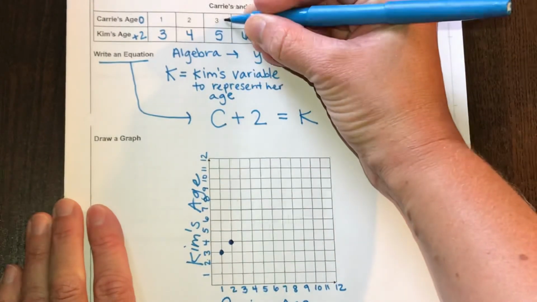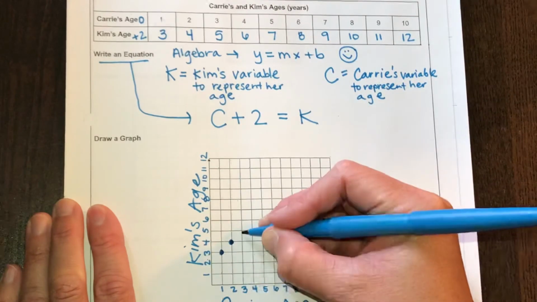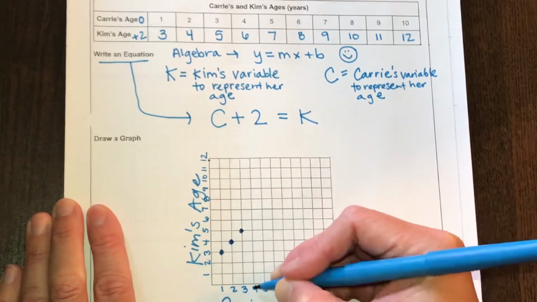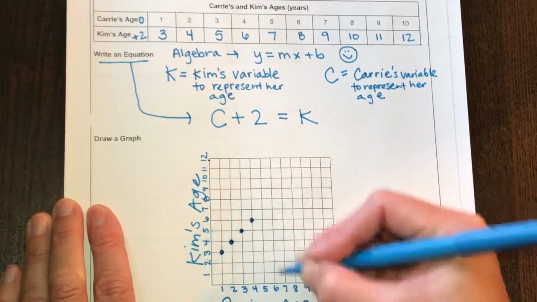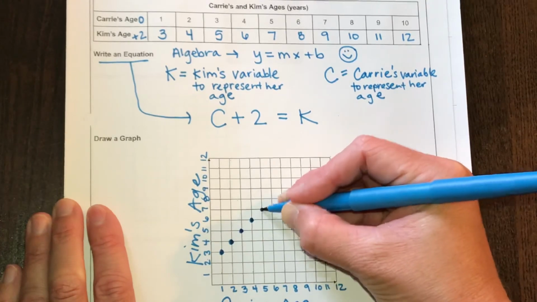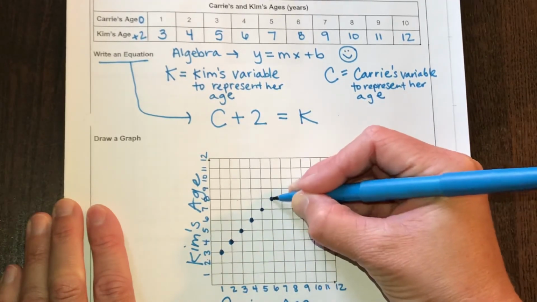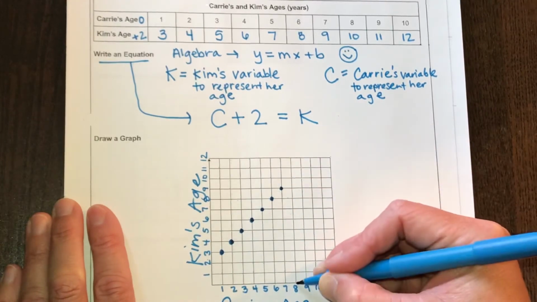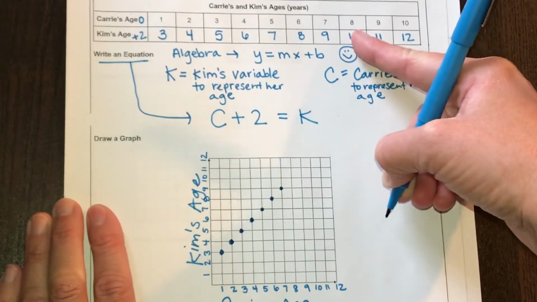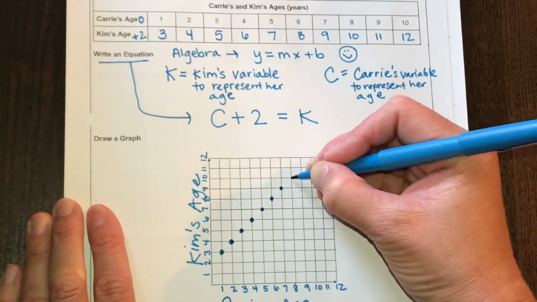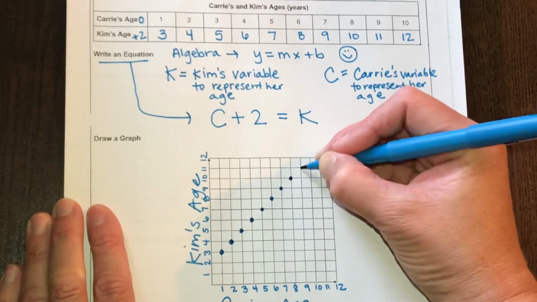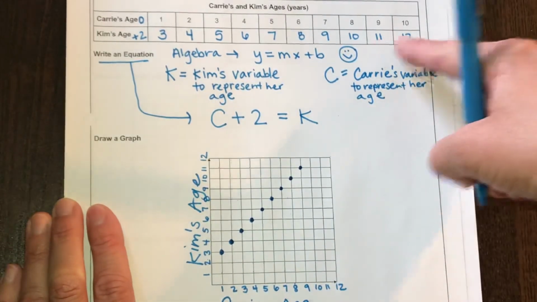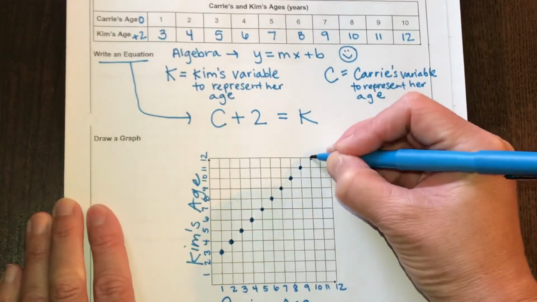When Carrie was 3, Kim was 5, so 3, 5. And then 4, 6. And then 5, 7. 6, 8. 7, 9. The point next is 8, 10. 9, 11, and 10, 12.